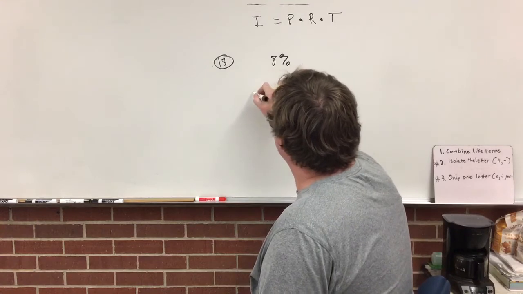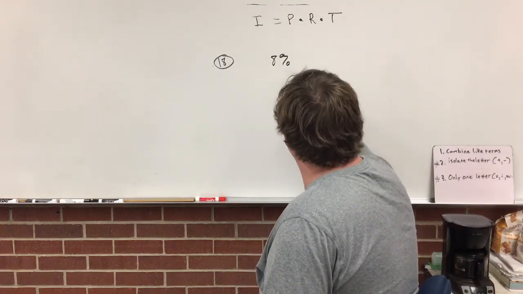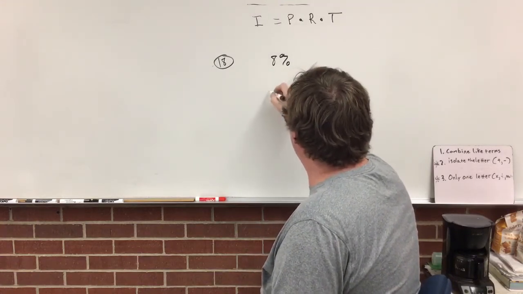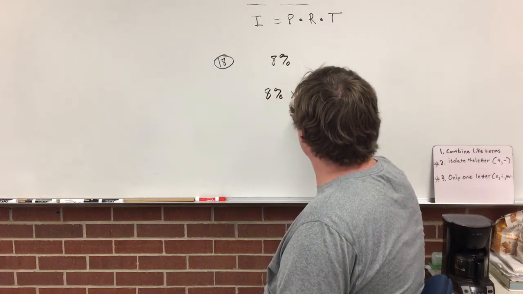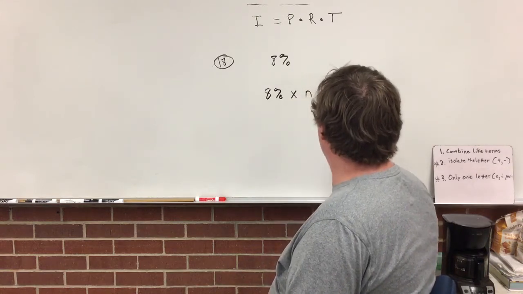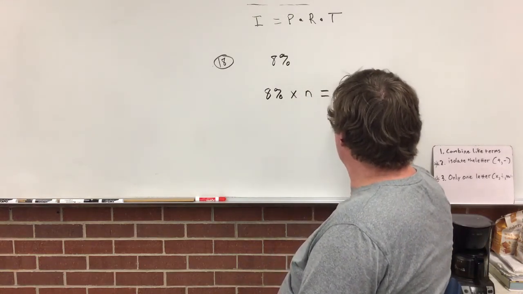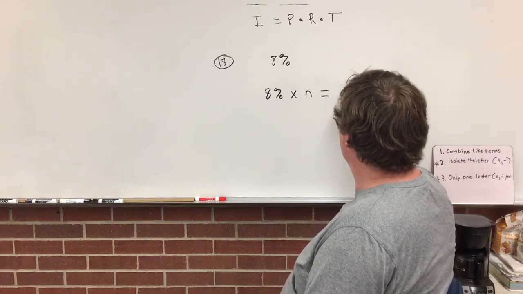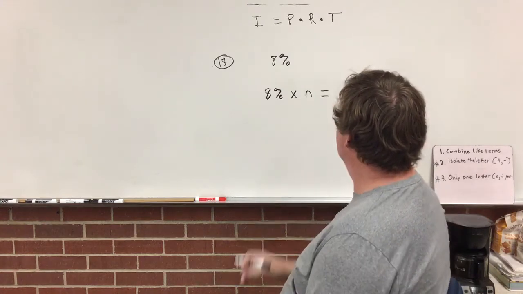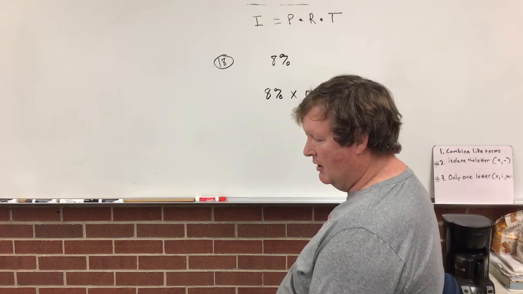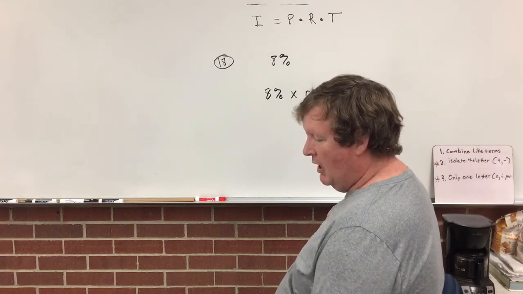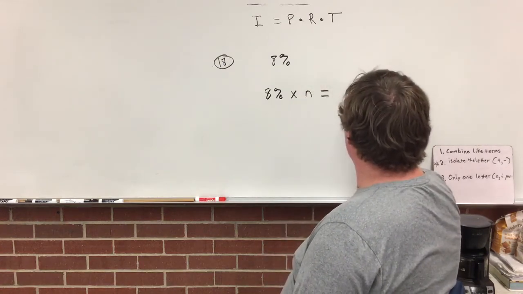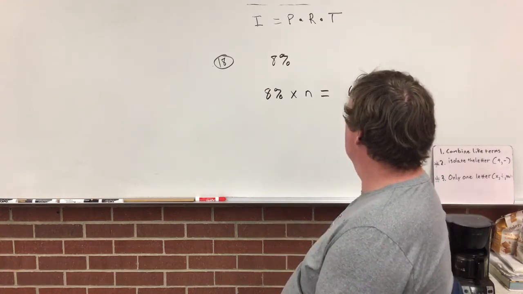So 8% of last year's price would equal the amount of change. Okay? Got to make sure we get this one right. All right, let's think about this for a second. So, if the new boat costs $6,750.